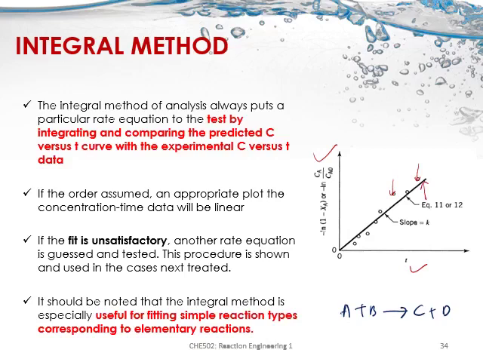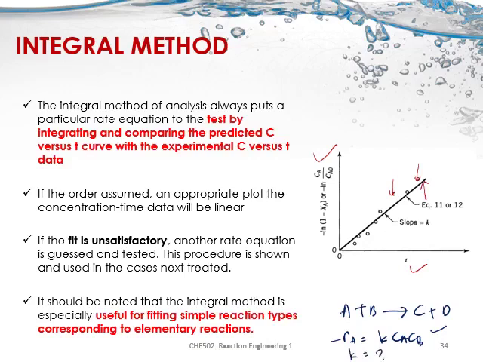Meaning automatically you should know that negative rA equals k CA CB. So it is a second order reaction. Second order means that you will straight away integrate the equation according to the second order assumption. That's it. By having that, the order is already solved, and the unsolved parameter will be the value of k.